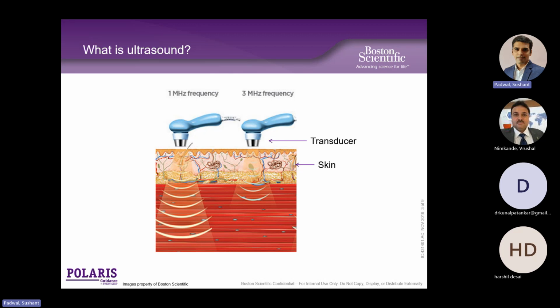So what it signifies is that the frequency of ultrasound is inversely proportional to the depth of image. So higher the frequency is lower the depth, and lower the frequency, higher is the depth.